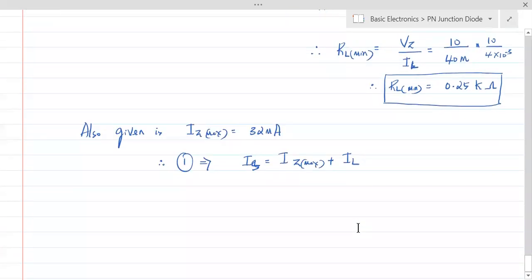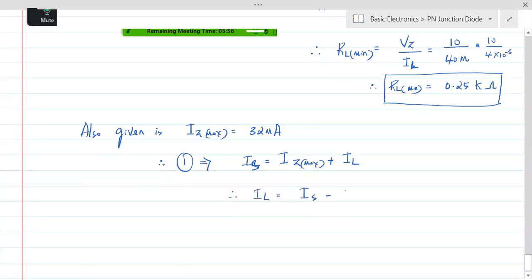Therefore IL is equal to IS minus IZ max. IS we have obtained to be 40 milliamps. IZ max is given to be 32 milli. Therefore, IL is 8 milliamps.